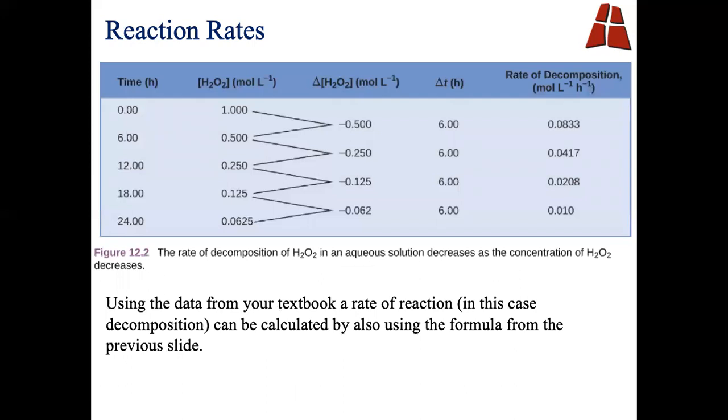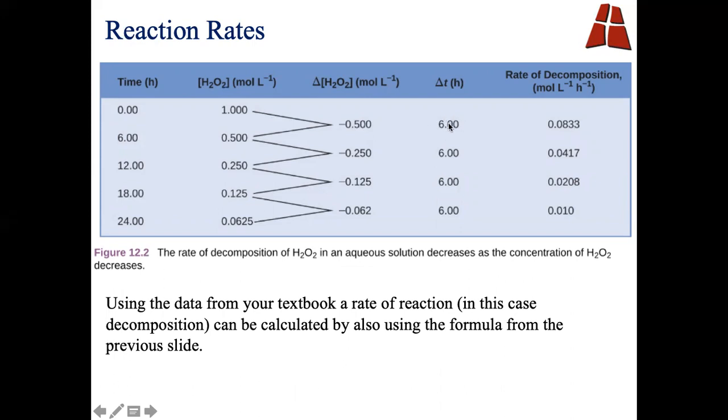If we were to collect this data and put it into a table, you'll notice here that on the furthest left, we have a time measurement and then a concentration measurement, and then essentially the difference between those. The delta symbol here indicates the difference in our concentration. Then, of course, this is our difference in time.